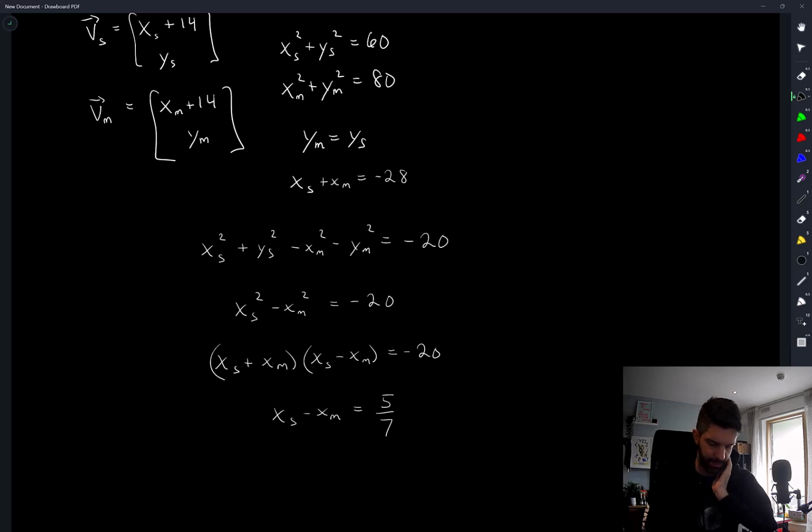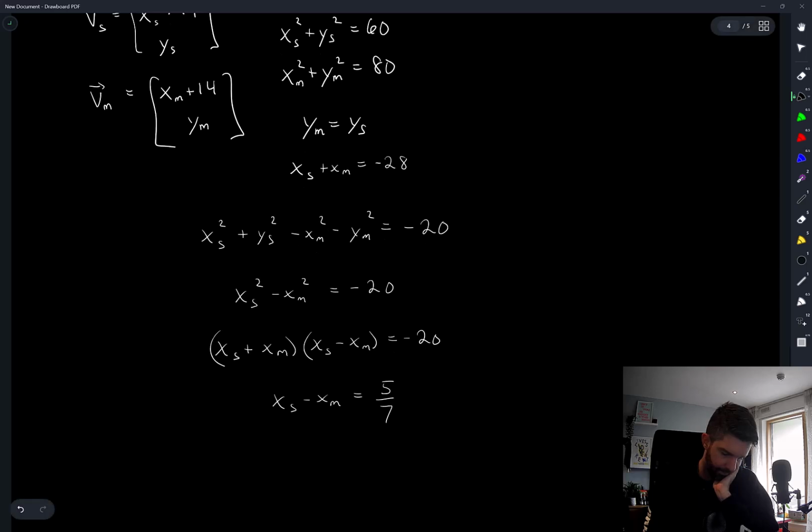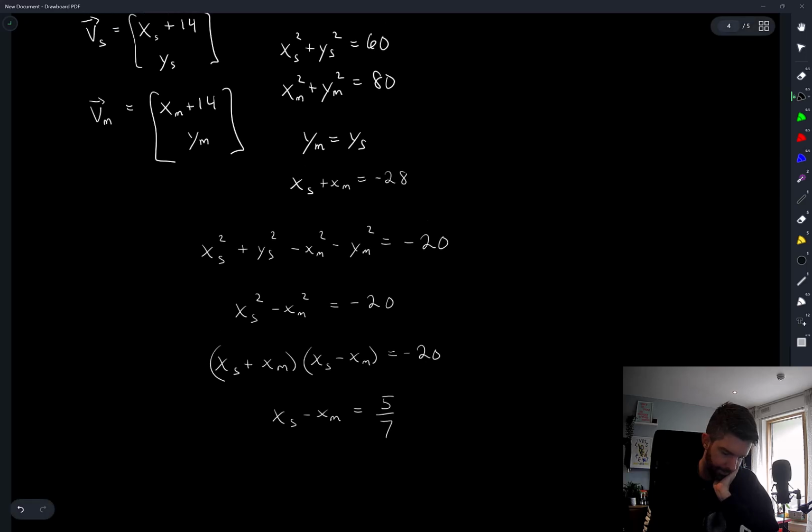So, I mean, I've used each of these equations, but I still don't have a solution.